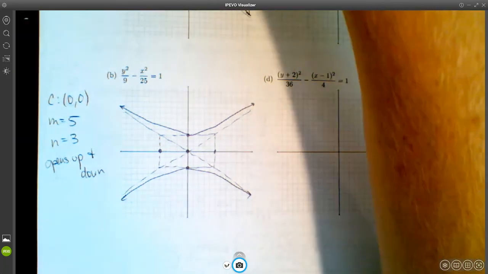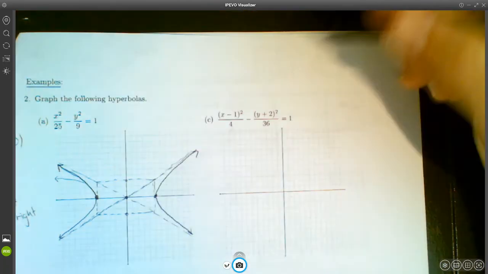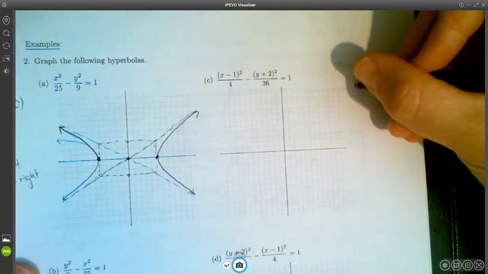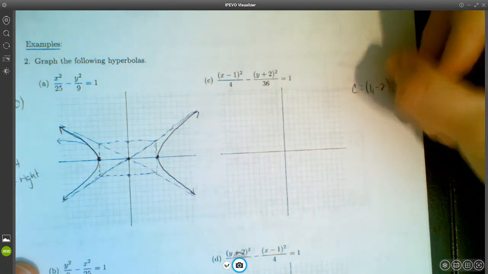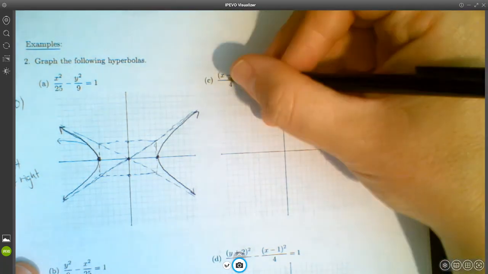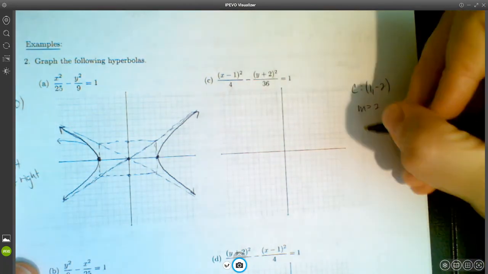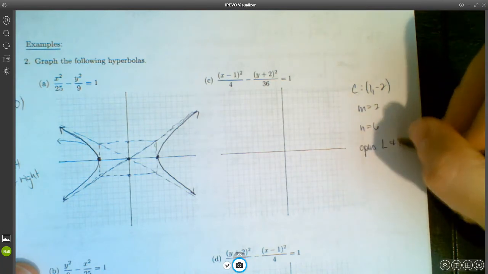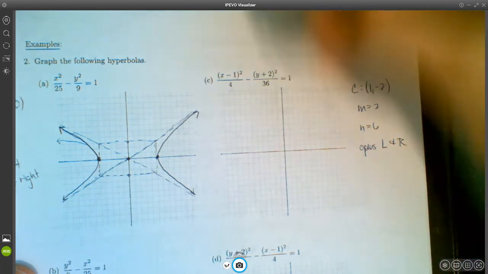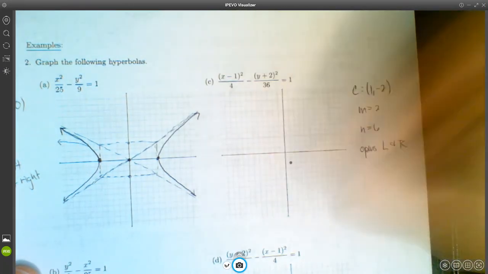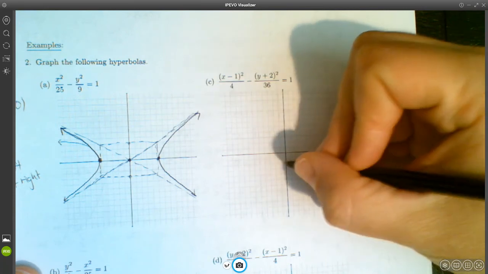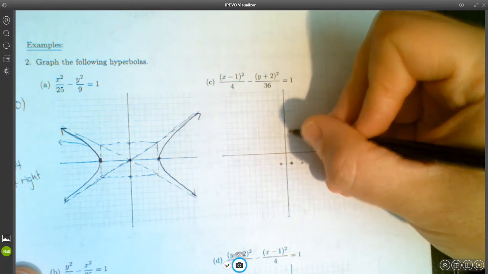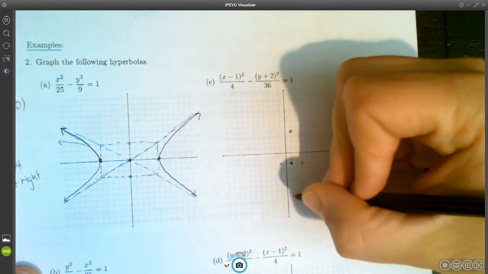Okay, let's do another one. This one's a little more interesting, I guess. This one is centered at 1, -2. M is 2. N is 6. And this one opens left and right. Okay, so the center is 1, -2. We're going to go 2, 2, 6, 1, 2, 3, 4, 5, 6, and 6. 5, 6.